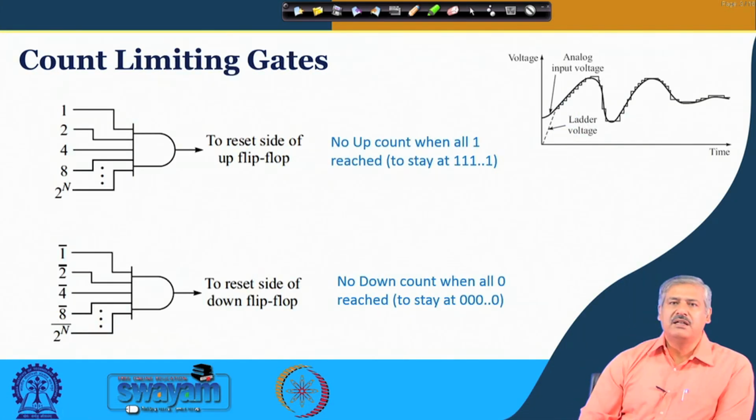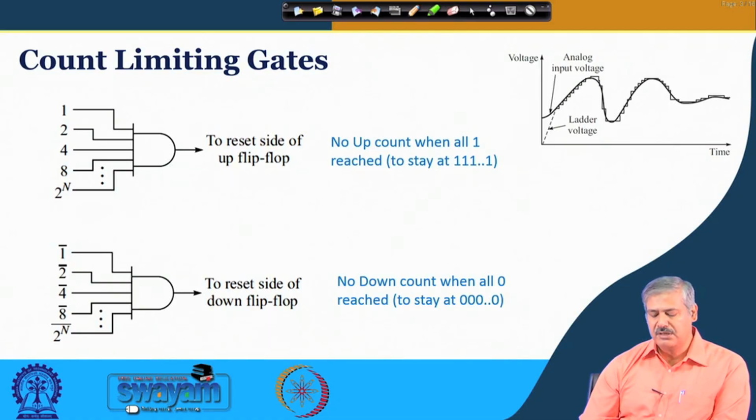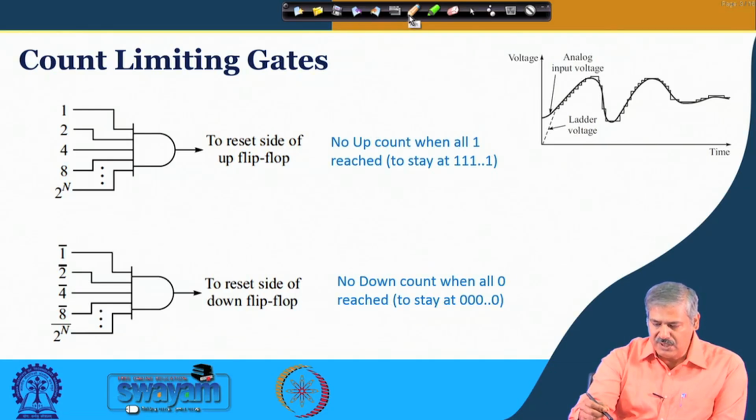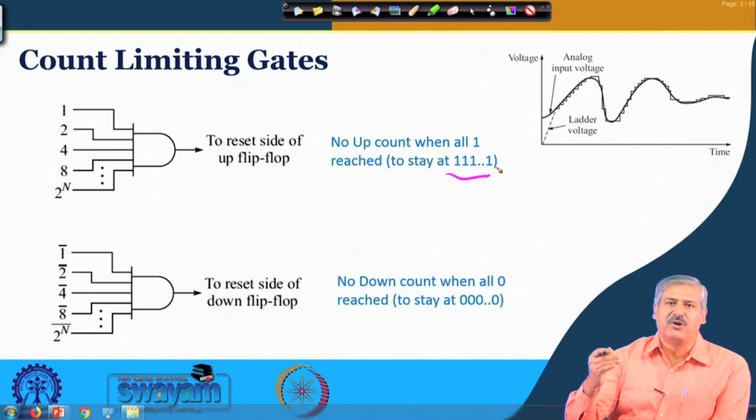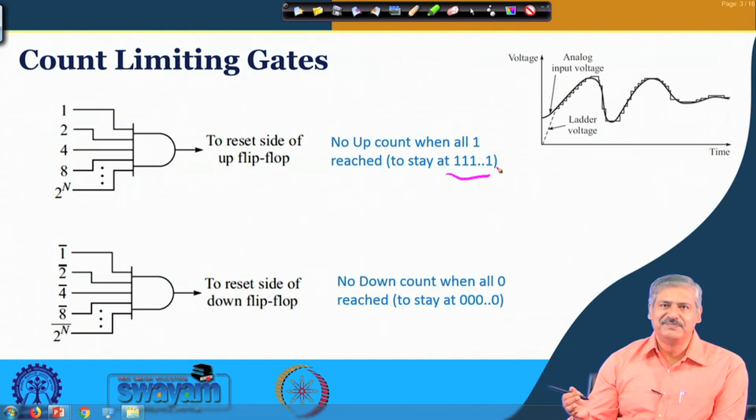Finally, another important thing that comes with this kind of A to D conversion as additional circuitry: when the up count has reached the highest value, that all ones are there, right, like this, and still the analog voltage is more, then it will try to go further. But if the counter goes further, then it will go to all 0, isn't it?